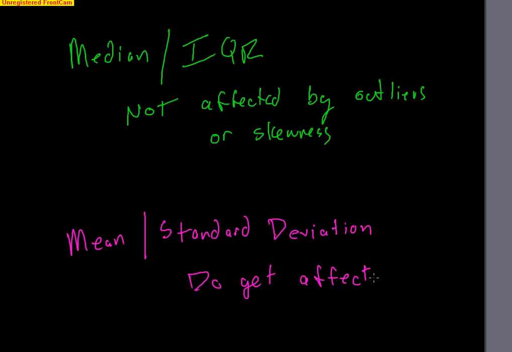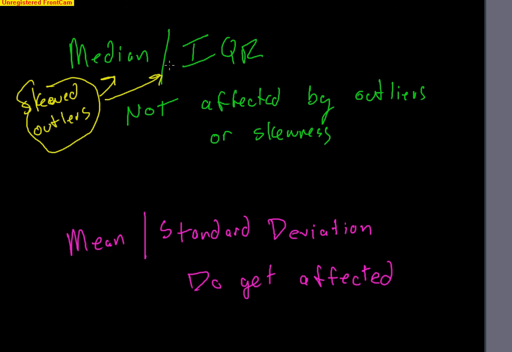When do I use the median and the IQR for center and spread? When do I use the mean and standard deviation for center and spread? Well, if your data is skewed left or skewed right, or has major outliers, you want to use median and IQR because those things don't affect them. So you'll get nice, solid, reliable data.